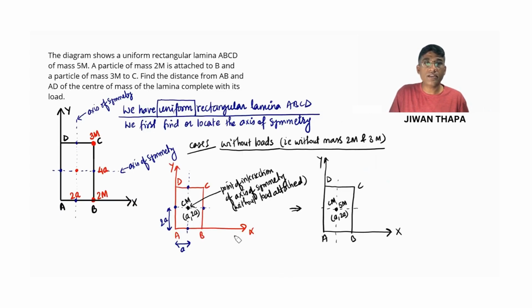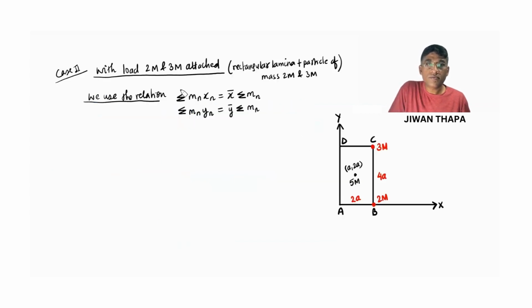We are asked to find the distance from AB, that is the distance from the x-axis, and AD, that is the distance from the y-axis, of the center of mass of the lamina with load attached. So we use these two relations.